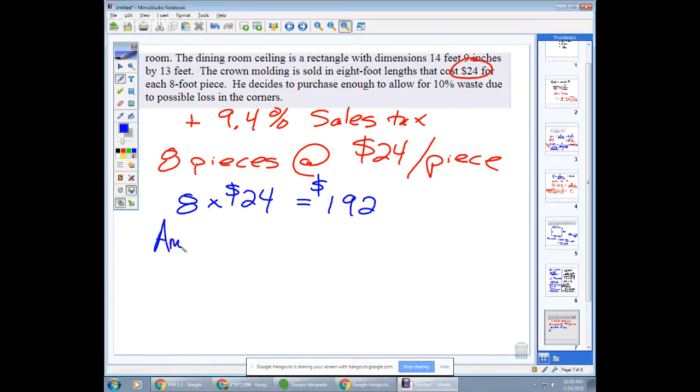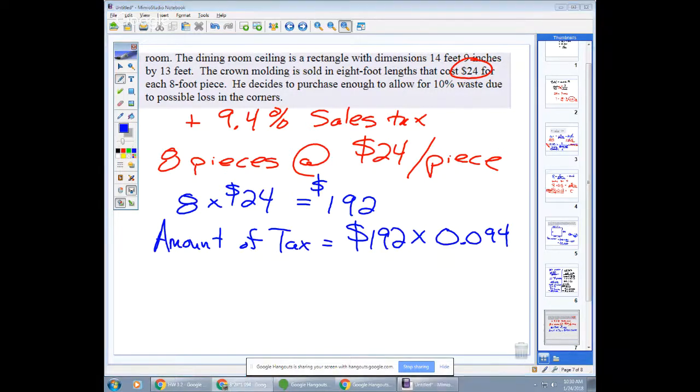So we could say that the amount of tax is that 192 times 9.4, as a decimal, which would be 0.094. And we get a number out of that. I get that's $18.05 if we round up.